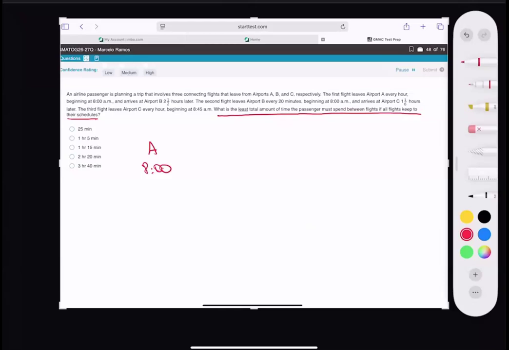Let's suppose it catches the plane at 8. 2.5 hours later, you arrive at airport B at 10:30.